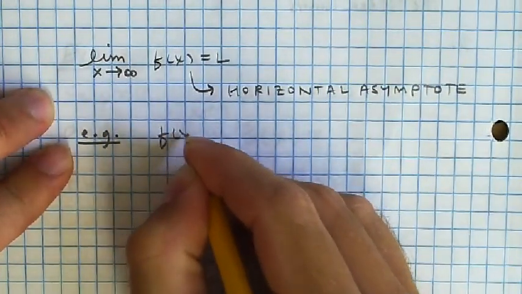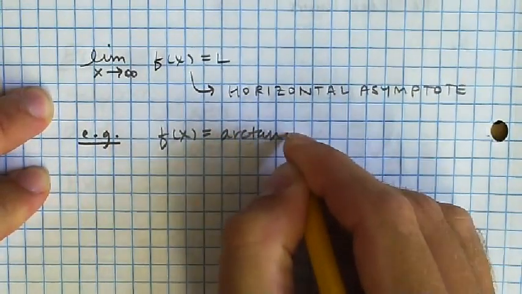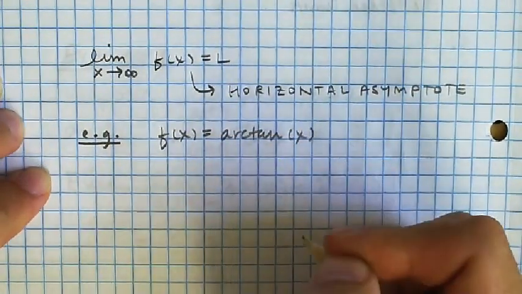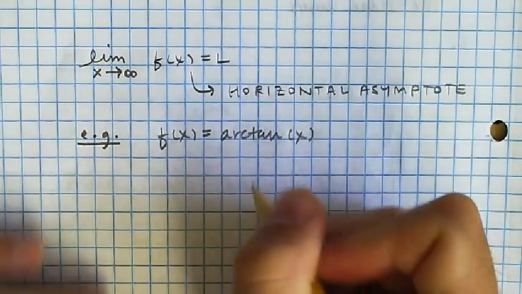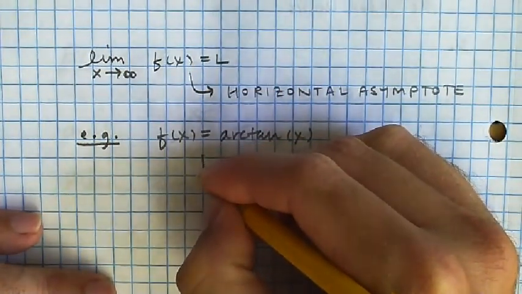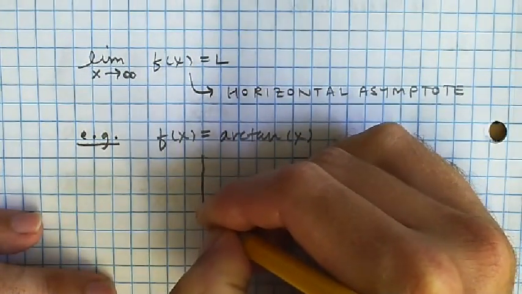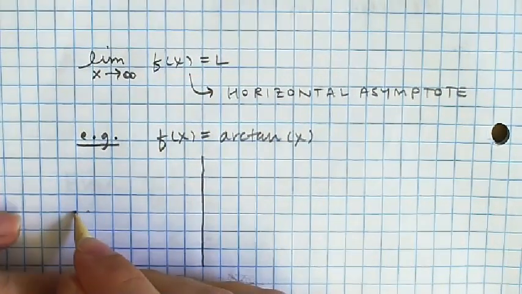So let's talk about f of x equals arctangent of x. The graph of this thing, and I am assuming you're pretty familiar with arctangent, let me draw you a quick little picture.